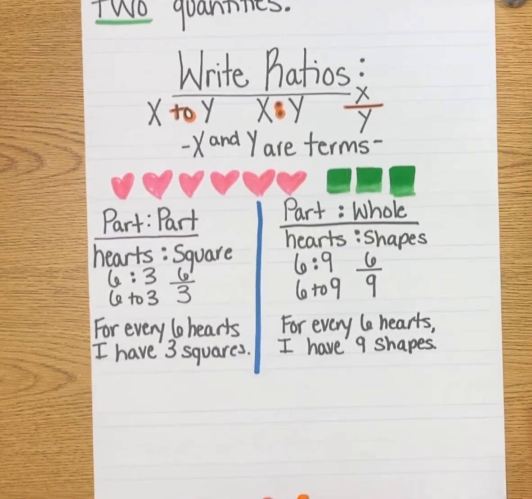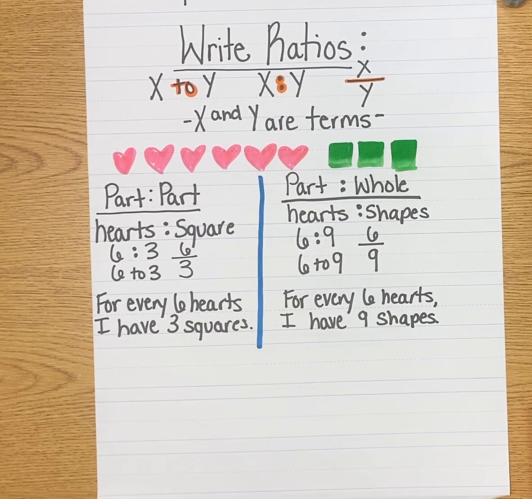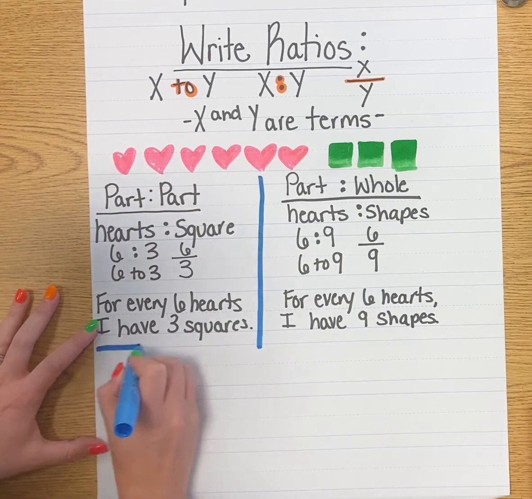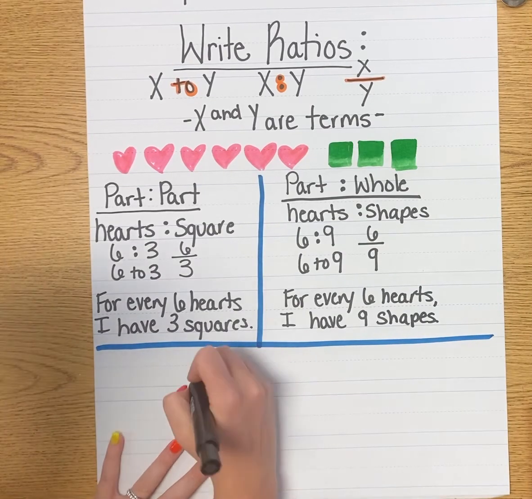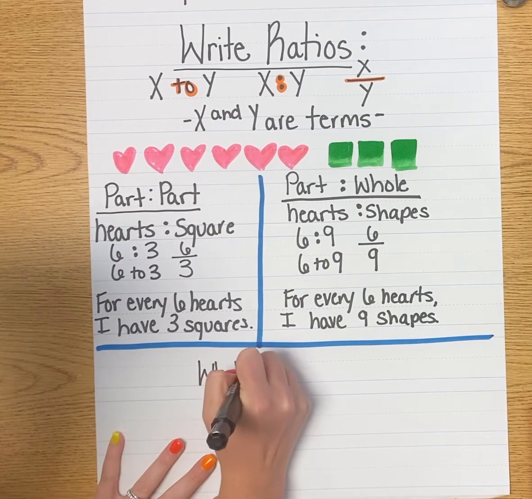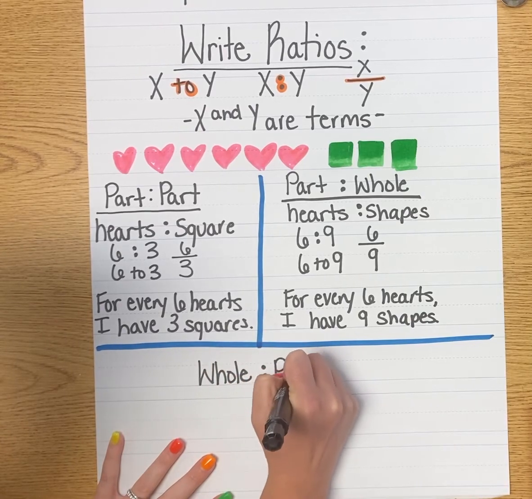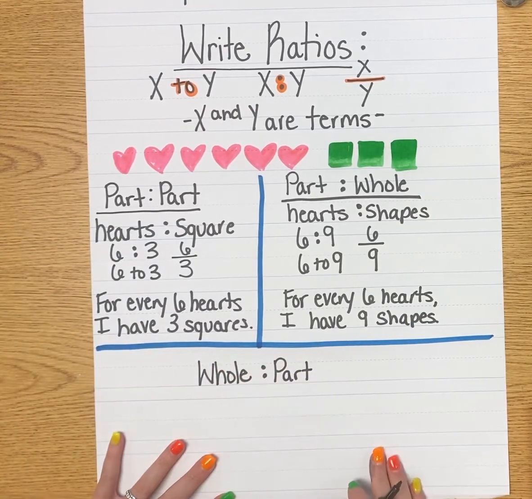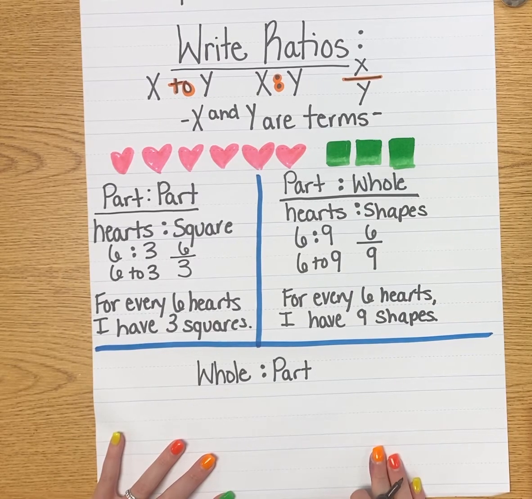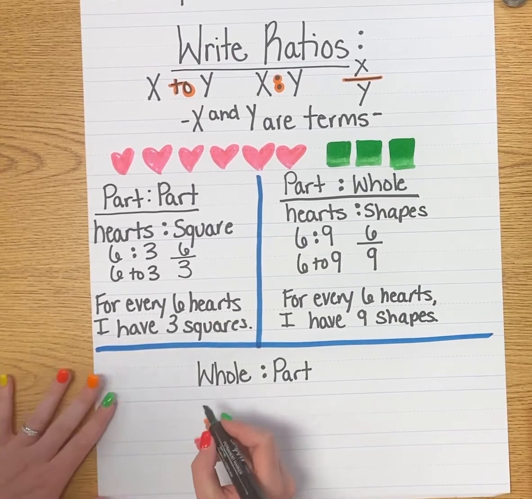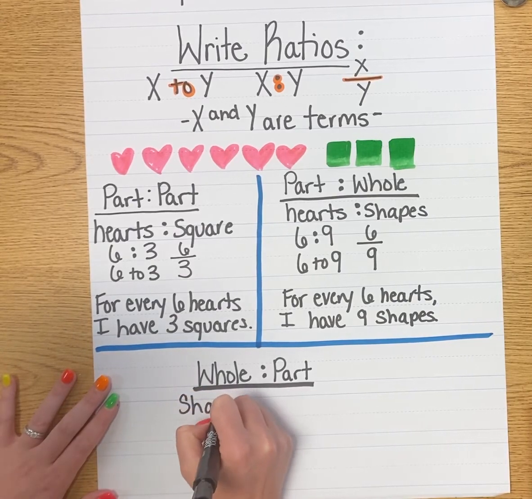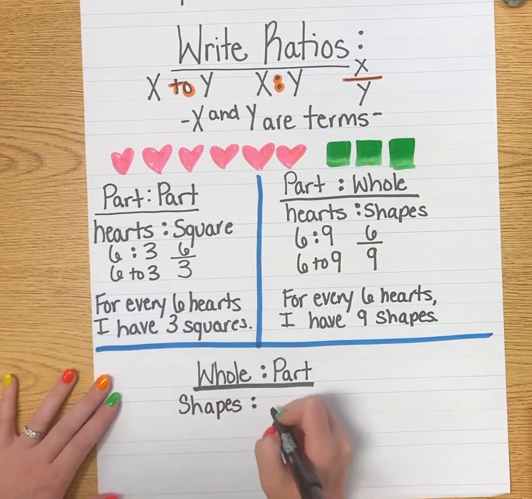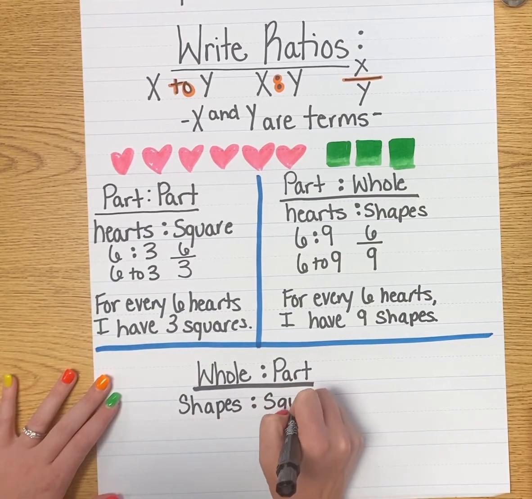All right, and then the last way we could write it would be the opposite, which would be whole to part. So for whole to part, I might say shapes to squares.